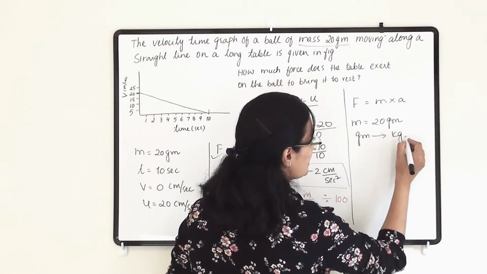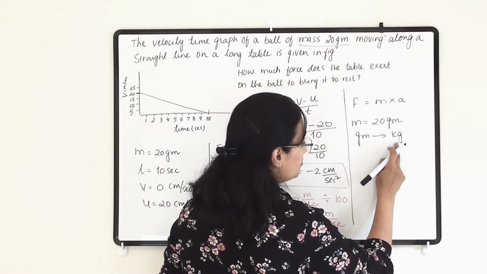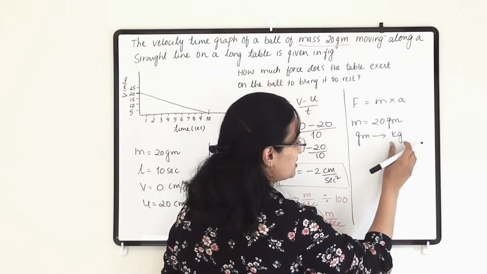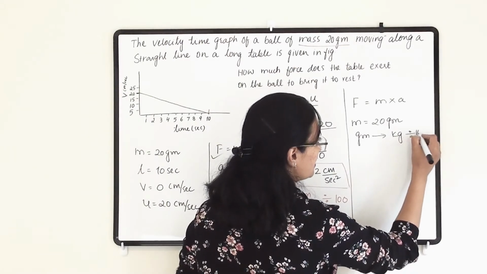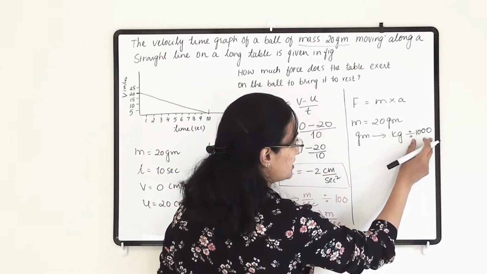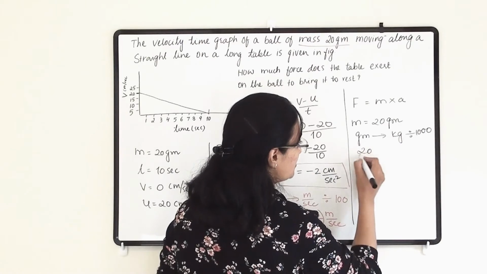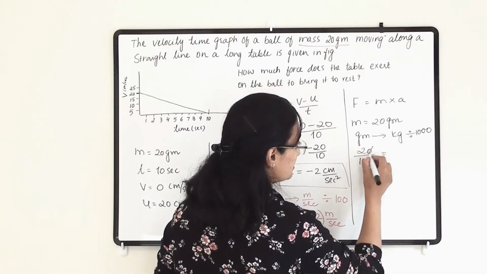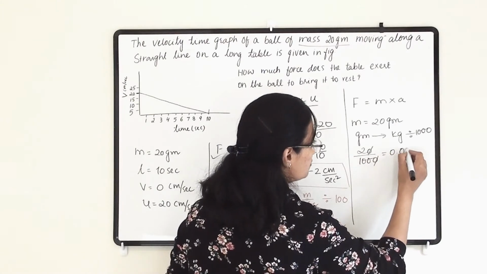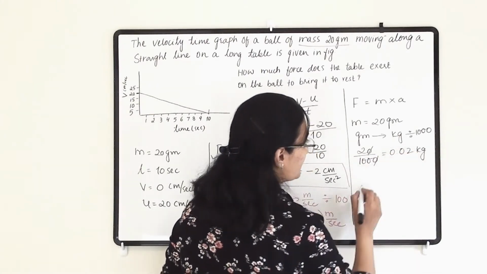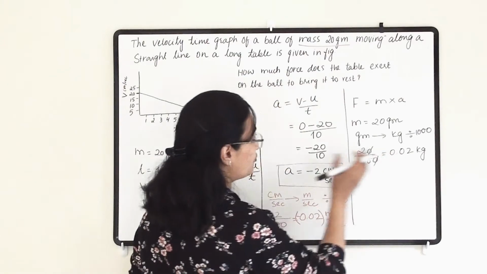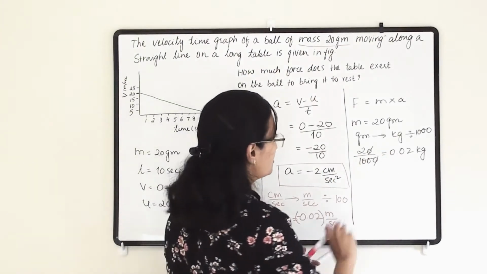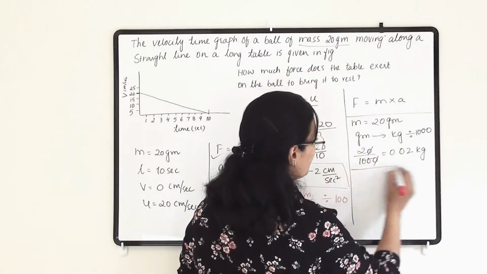Here m equals 20 gram. The conversion from gram to kg is 1000. When we convert from a smaller unit to a bigger unit, we have to divide by 1000. So we divide 20 by 1000 and get 0.02 kg. This is our mass for this numerical.